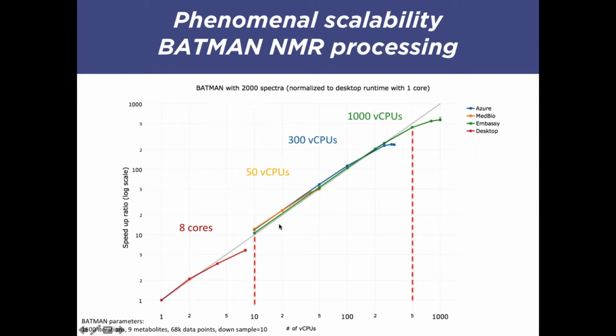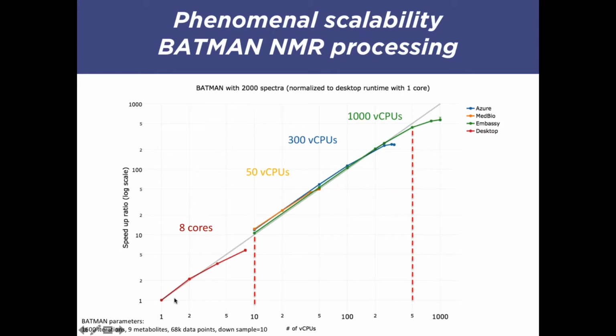They went on with a larger setup that had 50 CPUs. Then they moved into a cloud provider, Microsoft Azure in this case, with a setup of 300 virtual CPUs. And finally, they used the Embassy Cloud here at the EBI, using 1,000 CPUs to resolve the same problem, with different amounts of CPUs.